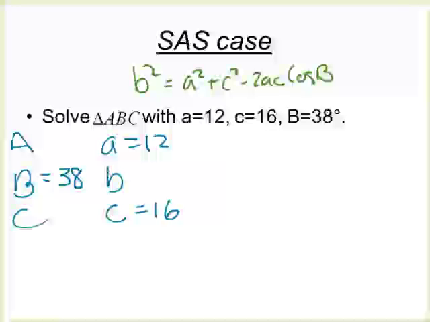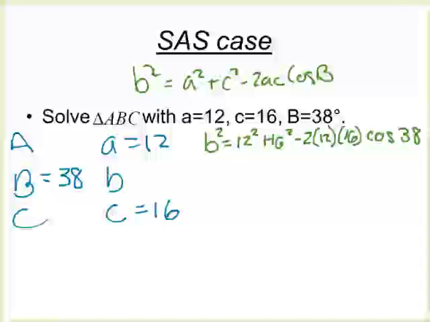That puts the big B inside of the cosine, and the other stuff is the other letters. So then we fill in what we know. We don't know little b, but we can fill in A and C, and the cosine of angle B.